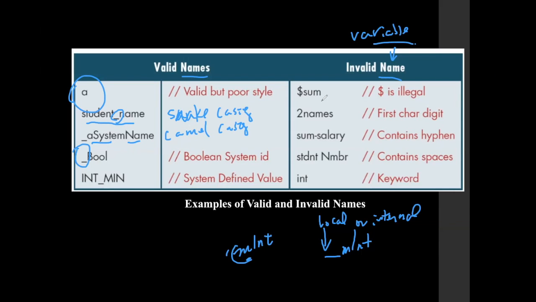But just remember, do not ever start your variable with a question mark, dollar sign, ampersand, pound, dash, whatever you have. And you can't have a dash or hyphen in between. This is invalid. You also cannot have spaces in between, or even digits at the start of the name.